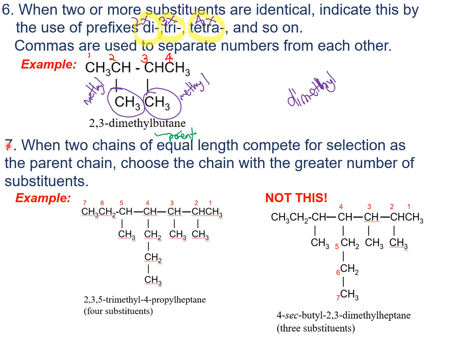Okay, so next dia kata when 2 chains of equal length compete for selection as the parent chain, choose the chain with the greater number of substituents. For example, if you look at this organic compound, okay, you can see that the longest continuous carbon chain dekat this organic compound ada 7.